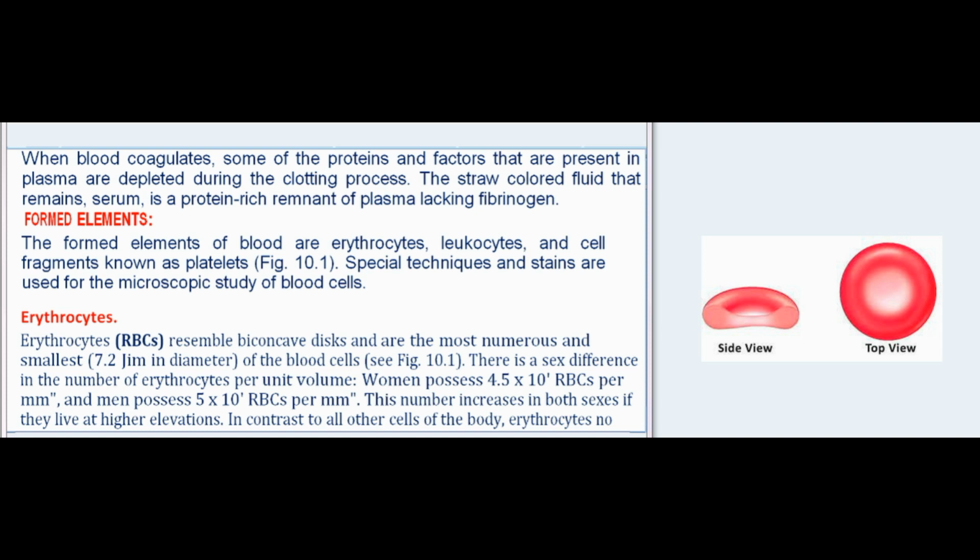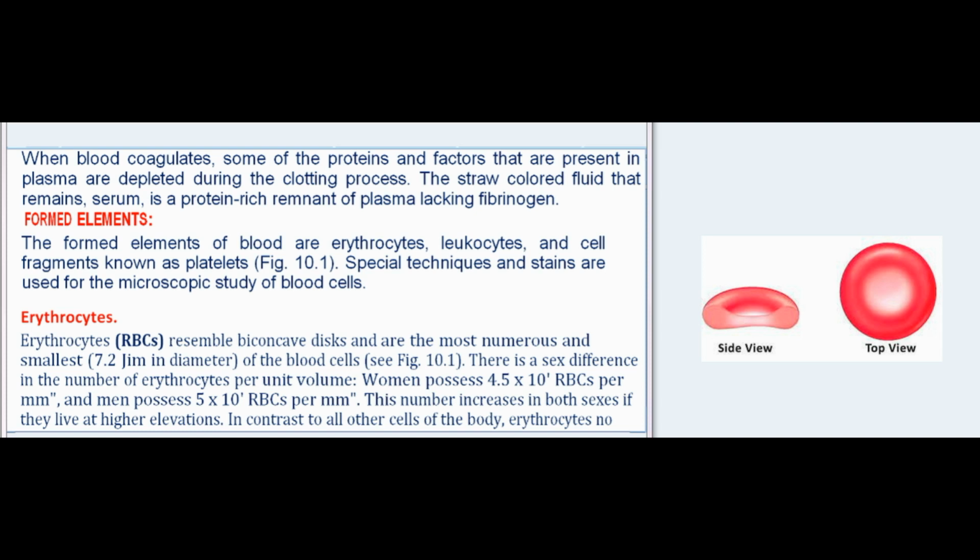Formed elements. The formed elements of blood are erythrocytes, leukocytes, and cell fragments known as platelets, Fig 10.1. Special techniques and stains are used for the microscopic study of blood cells. Erythrocytes. Erythrocytes, RBCs, resemble biconcave discs and are the most numerous and smallest, 7.2 µm in diameter, of the blood cells.